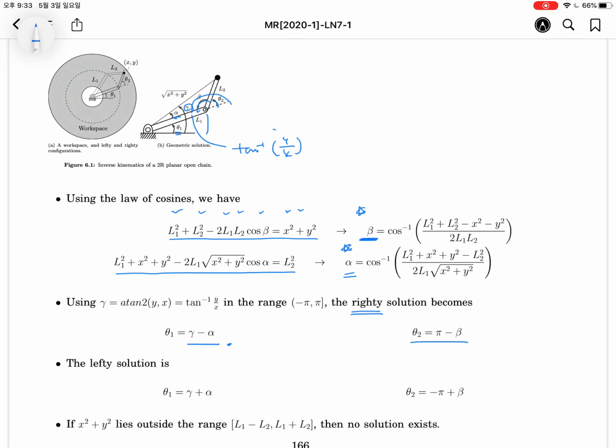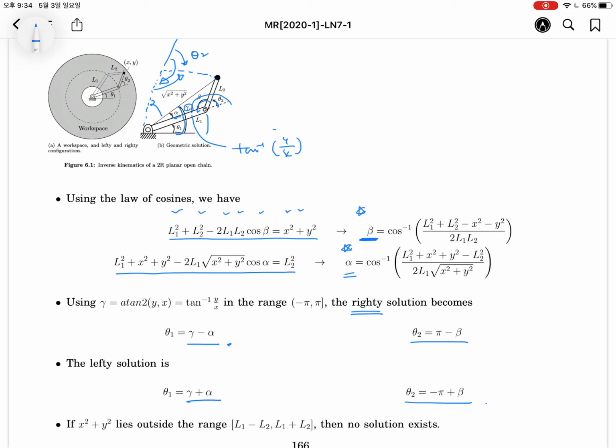This is called the right solution. On the other hand, the left solution will exist like this: gamma plus alpha will be θ1, and minus π plus beta will be equal to θ2. So we have this one.